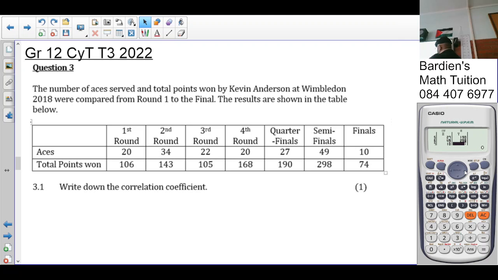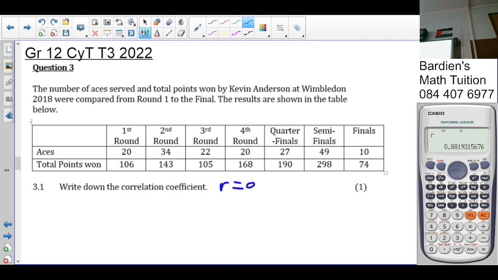And then 10 corresponding with 7. So what do I do again? I press AC, shift, 1 for stat, 5 for regression, 3 for correlation coefficient. So 0,88. So your R value is 0,88.